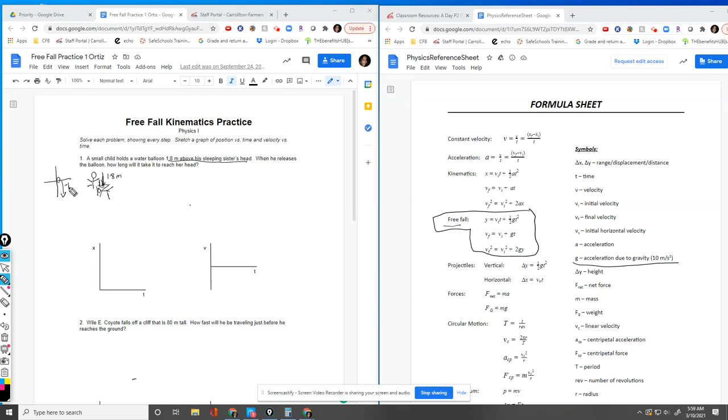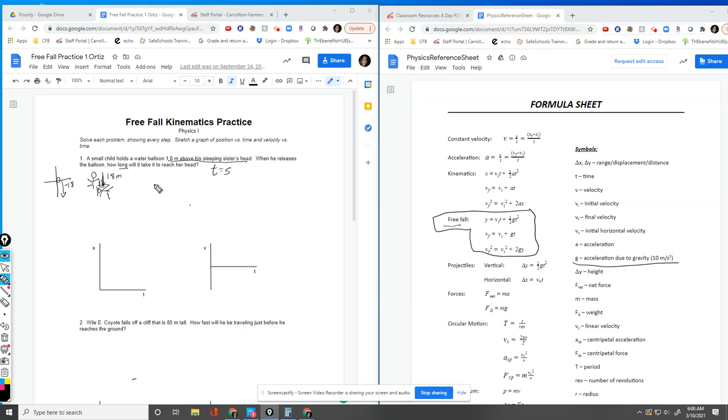So this is going to be negative 1.8, okay, if it's fallen. When he releases the balloon, how long will it take? So they are asking for how long will it take. That is time. Okay? And that's it. That's all we get here.